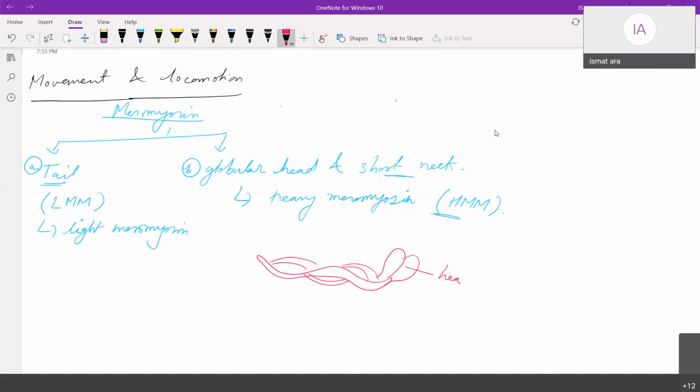This is the head region, that is heavy meromyosin. And this is the tail region, that is light meromyosin. And this short region, students, is the neck region. So this is the structure of myosin. Clear with this?